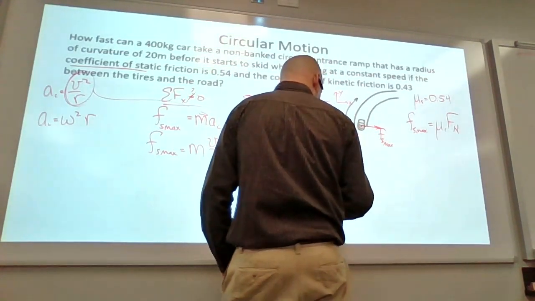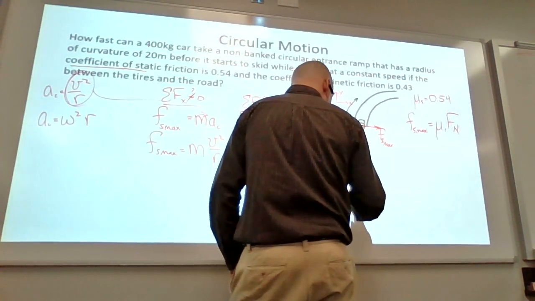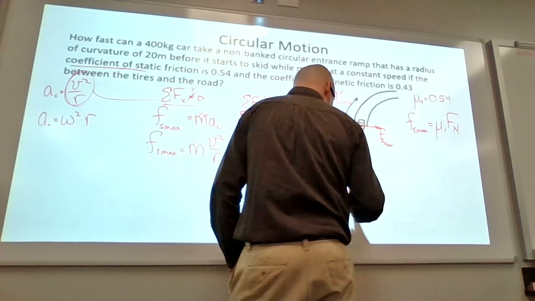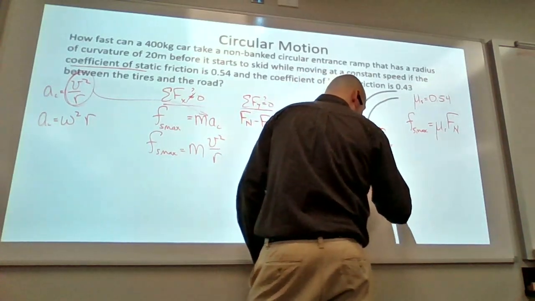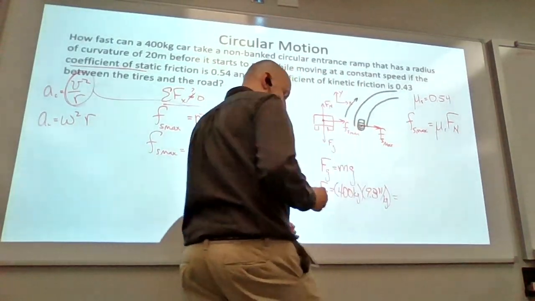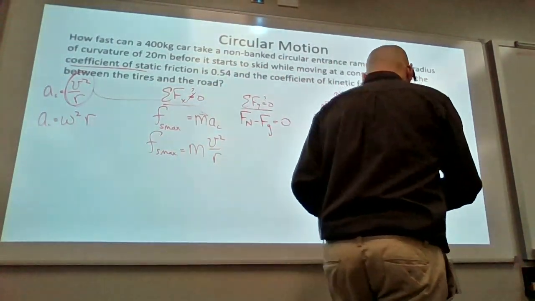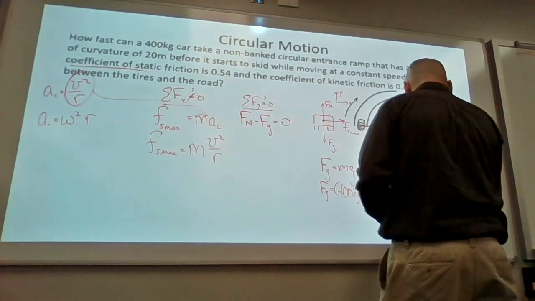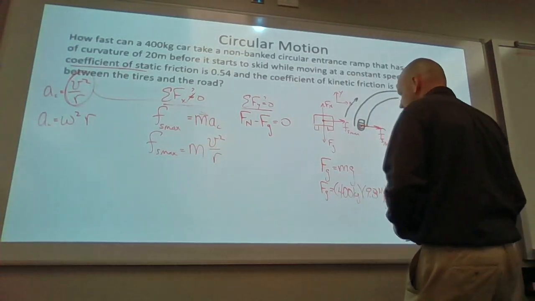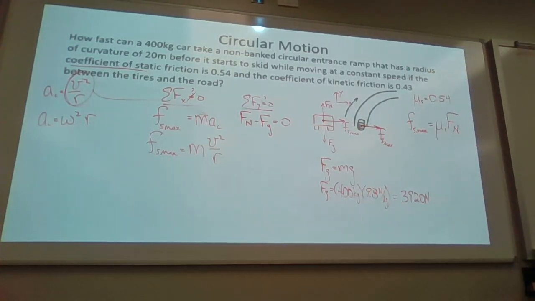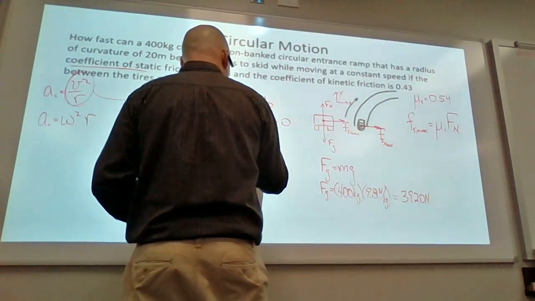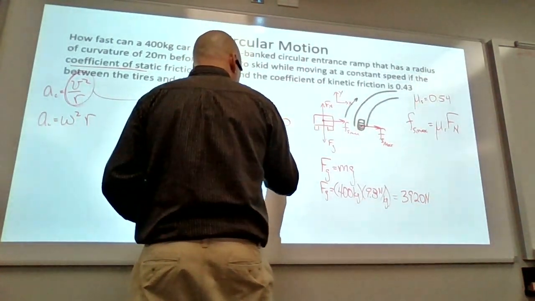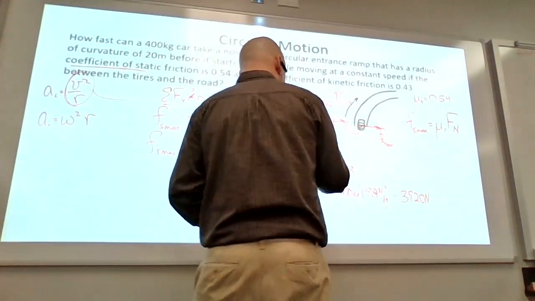So you have 400 kilograms times 9.8, and that is equal to 3,920 newtons. So you know that normal force is also equal to 3,920 newtons.